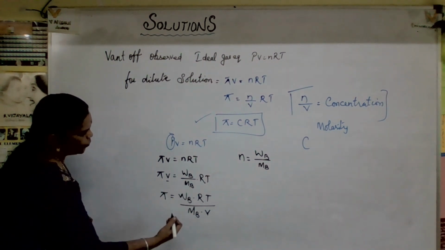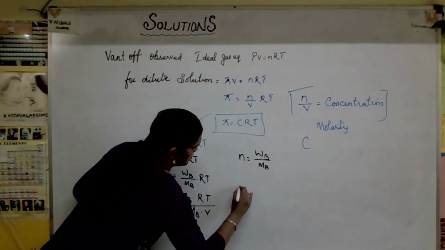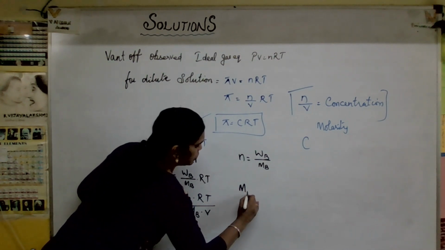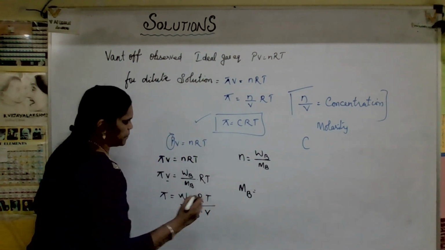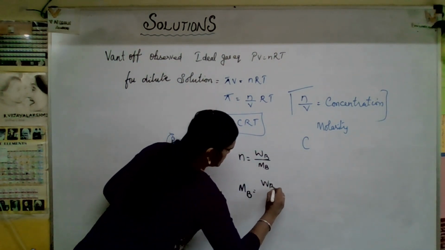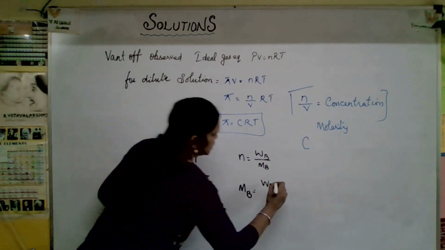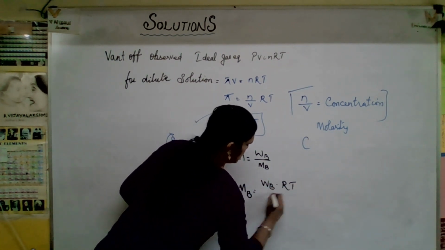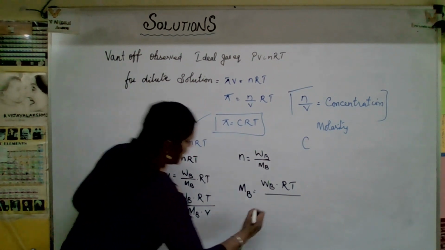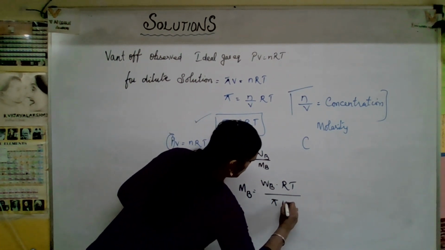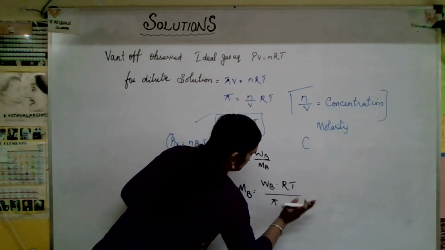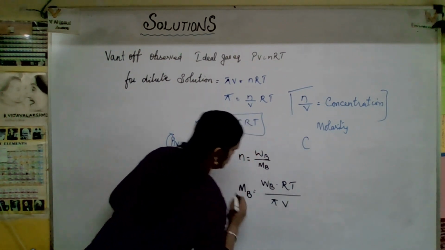Now, how to identify the molecular mass of the solute? MB equal to WB, that is the given mass of the solute, into RT divided by pi V. V is the volume of the solution.